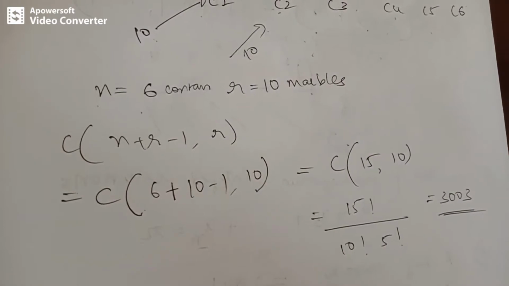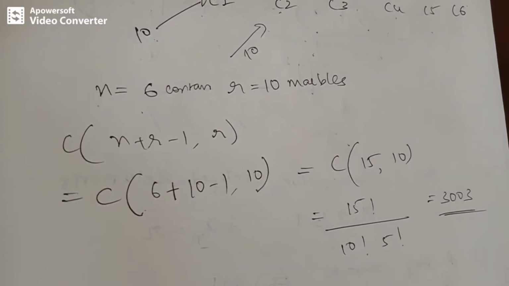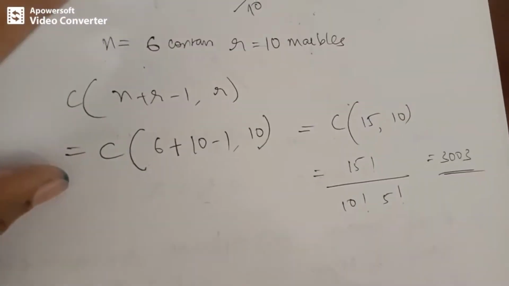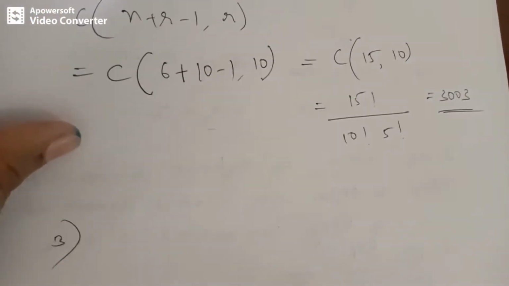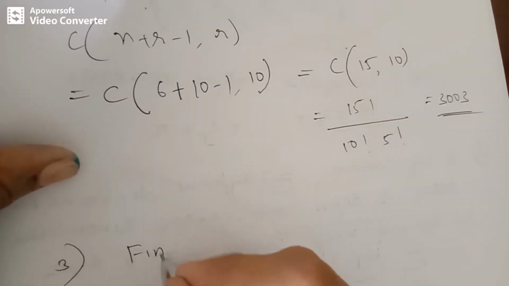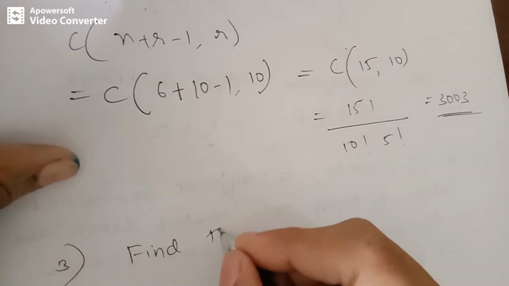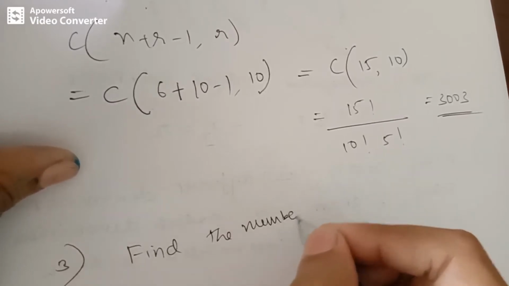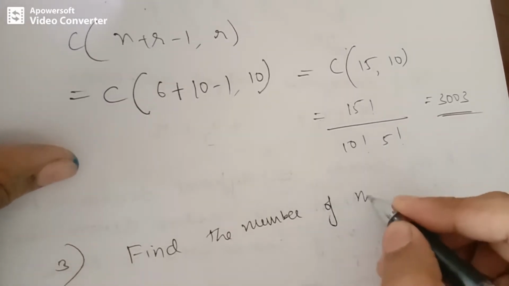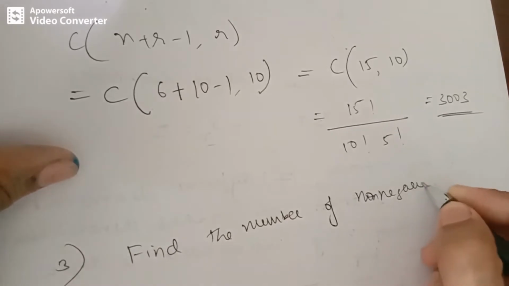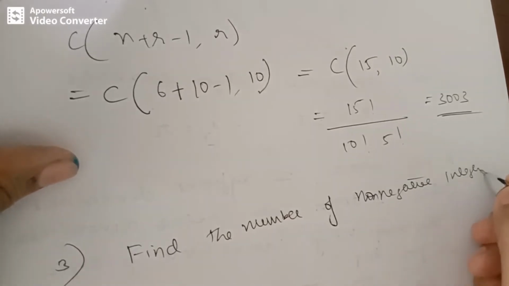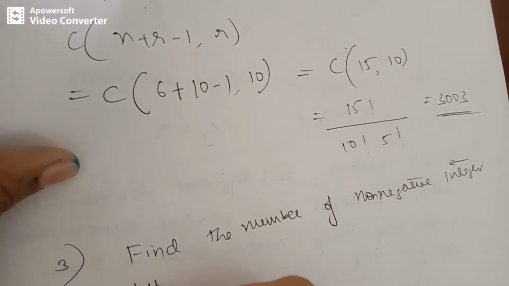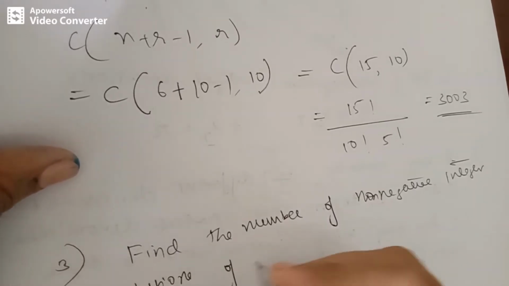And still more, you will be given some other, different kind of problems. That is, they'll be asking you to find out the number of non-negative integer solutions. This is an important question. Find out the number of non-negative integer solutions of the equation.